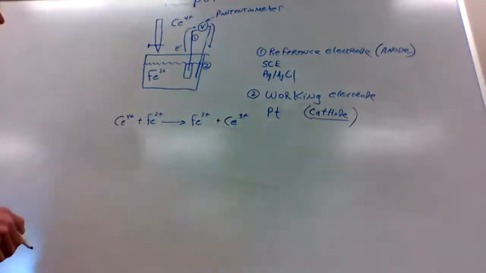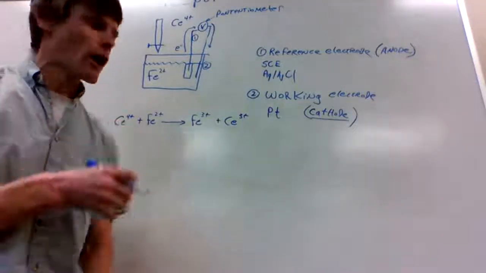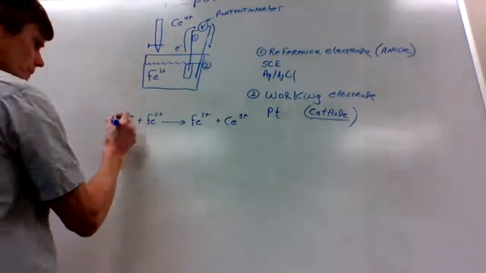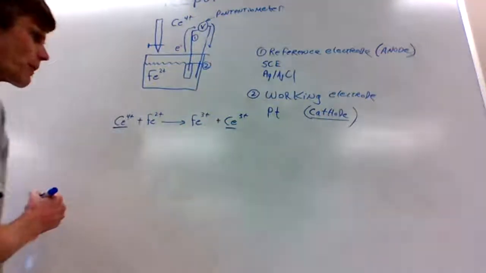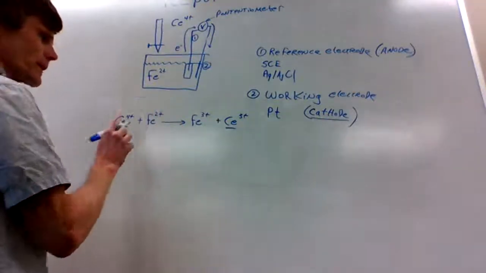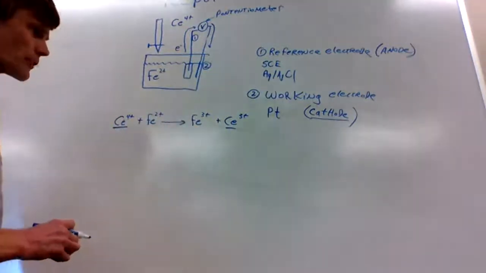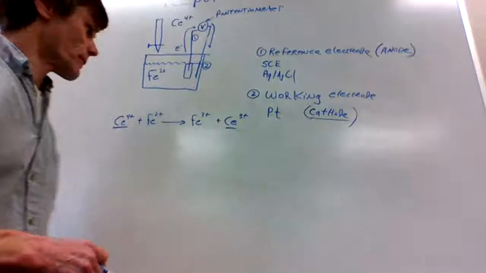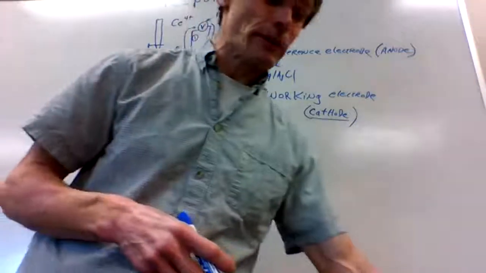So let's also recognize that this is a redox process. Cerium 4+ is being reduced to cerium 3+. That's our reduction reaction. Iron 2 is being oxidized to iron 3+. So this is an oxidation-reduction reaction.